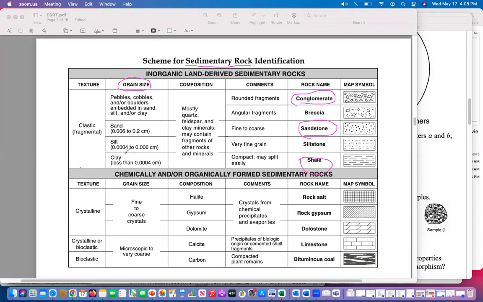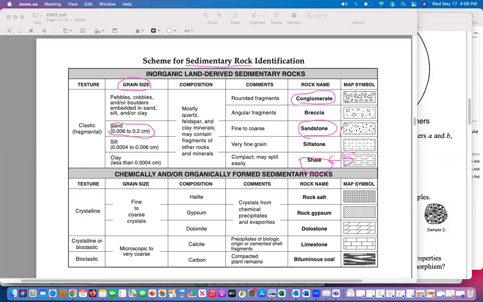The grain size that is the smallest, less than 0.0004, is definitely shale. So I'm going to write S for the smallest. Then the second largest, I'll put medium, is sandstone. How do I know? Because the grain size is from 0.006 to 0.002.